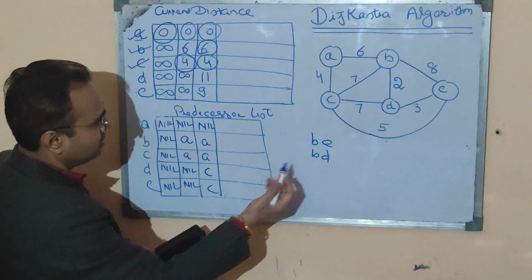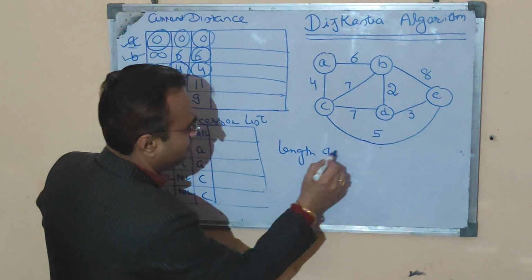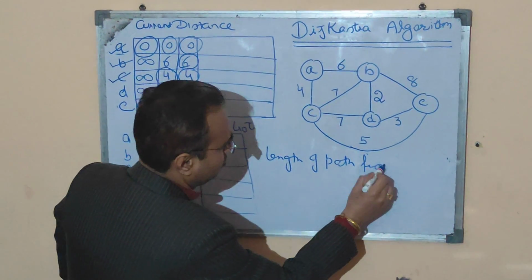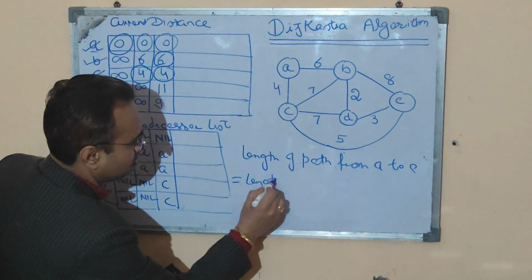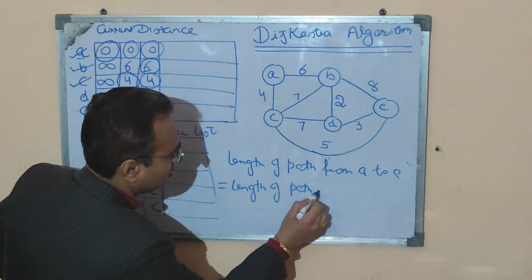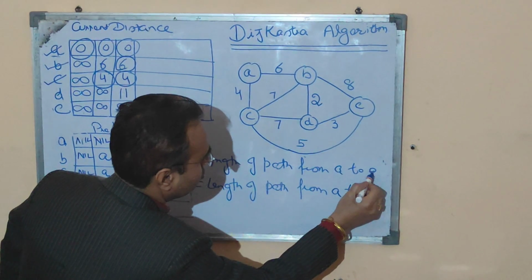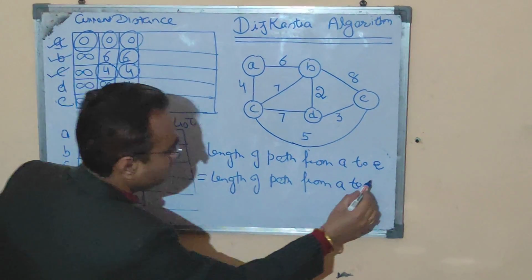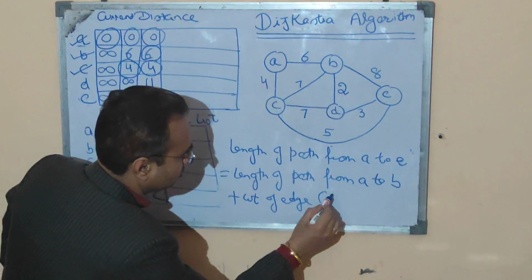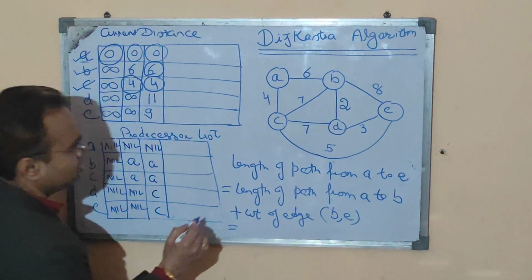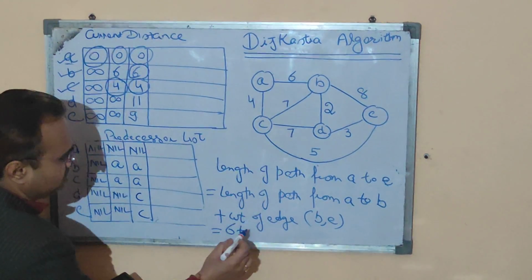For B, E, now let us see. We have got a path. So length of the path from A to E will be length of path from A to B plus weight of edge B to E. So length of the path from A to B is 6 and weight of the edge is 8.